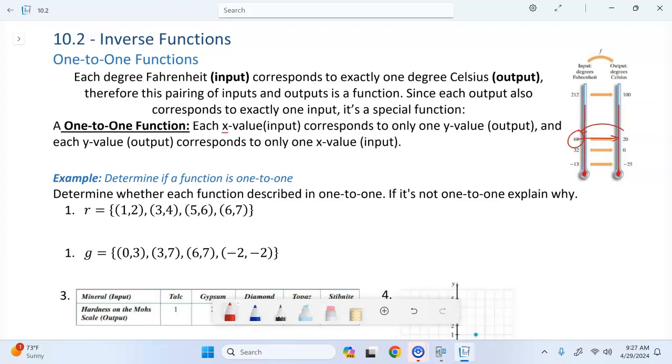One-to-one means that every single input corresponds with one y value, which is the definition of a function. Every x value corresponds with one y value. But in order for it to be a one-to-one relationship, the same has to be true in reverse. Every y value corresponds to exactly one x value.